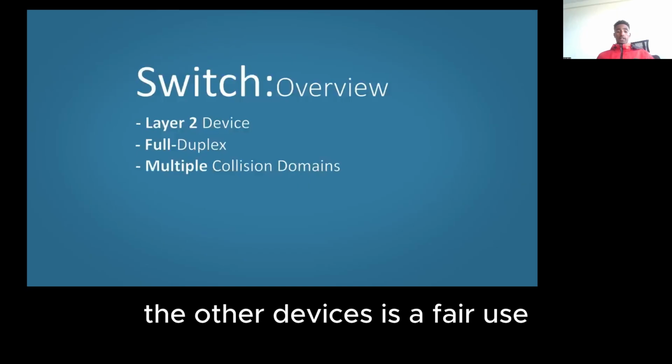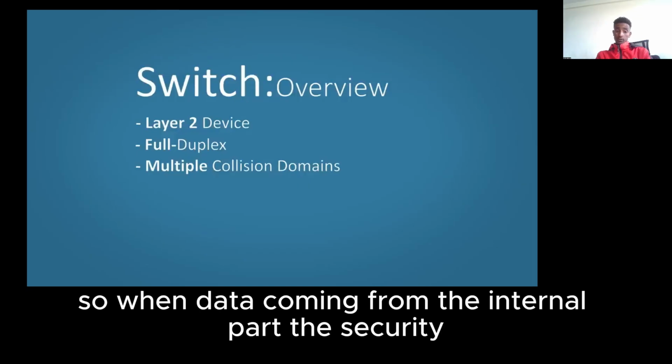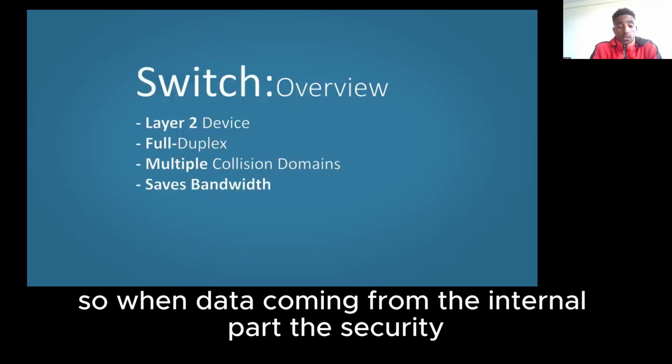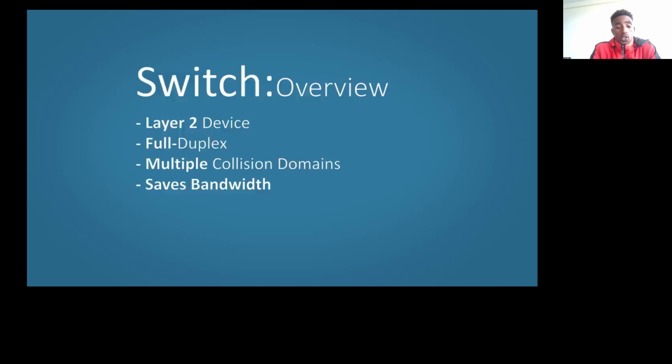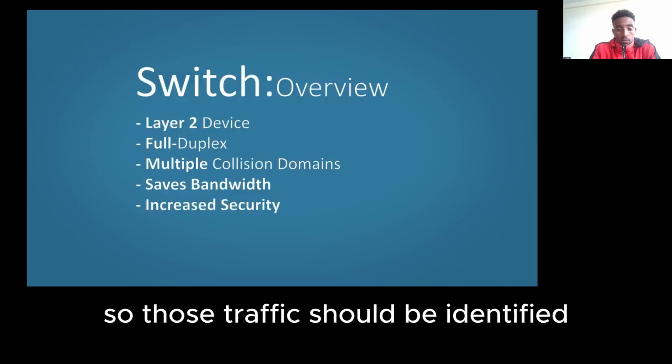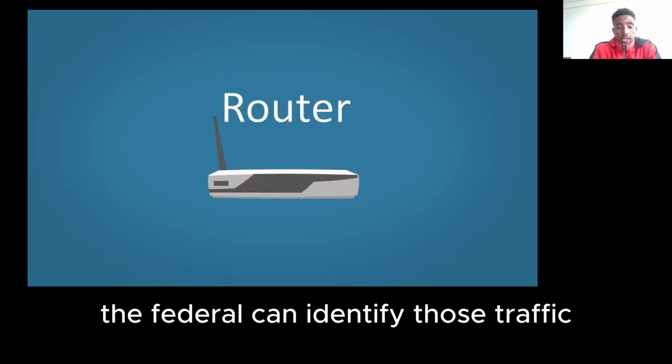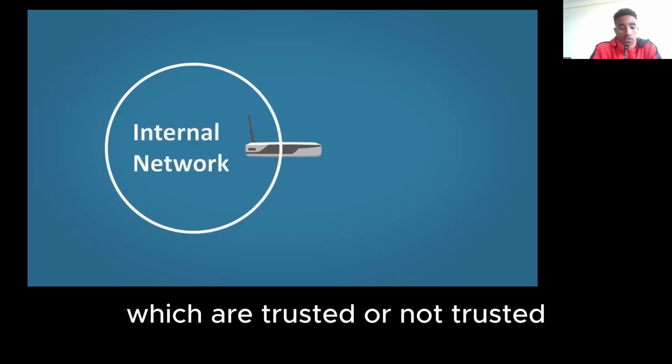The other device is a firewall. When data comes from the internal part, the security issue should be considered. So those traffics should be identified based on trusted and untrusted data. The firewall can identify which traffic is trusted or not trusted.